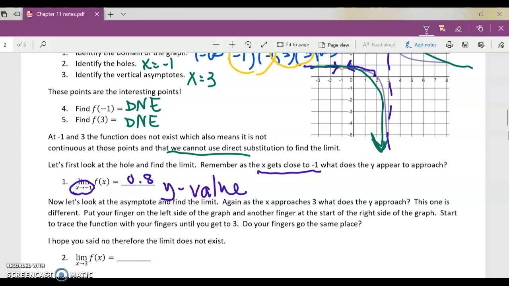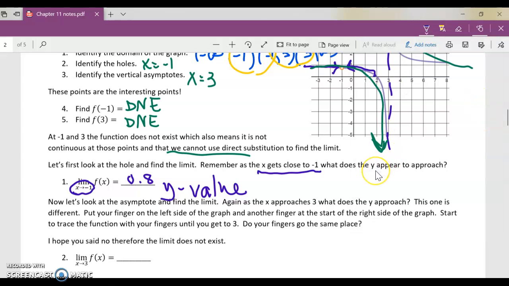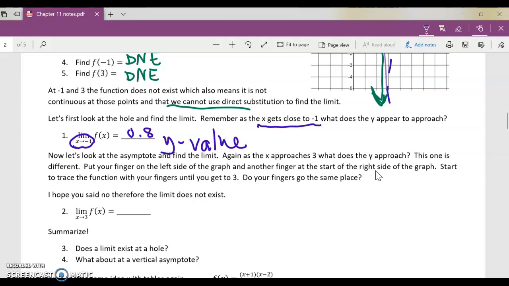So your left and right side do not go the same direction. So one of our issues here is that our limit does not exist if left and right differ. And in this case, that's what's happening. You also know that when you approach infinity or negative infinity, your limit does not exist. So our limit does not exist for two reasons. We're going to say the limit does not exist.